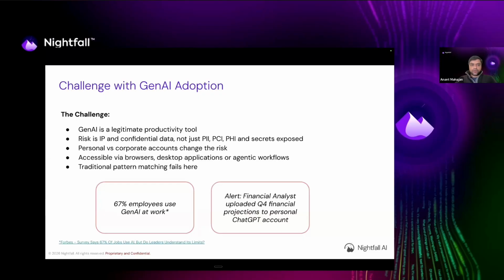So we're going to look at how you could do that. And the fact that employees can use this across different surface areas, right? It could be browsers, it could be desktop applications of these apps, or it could be agentic workflows that they've put together. And the traditional approaches really fail here.